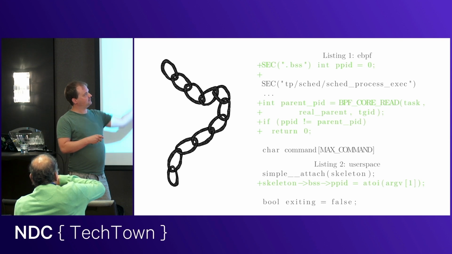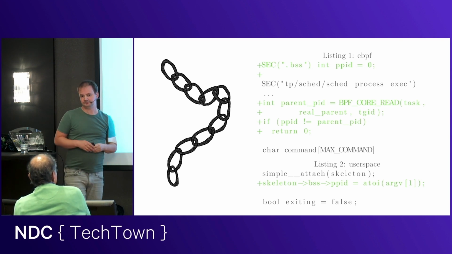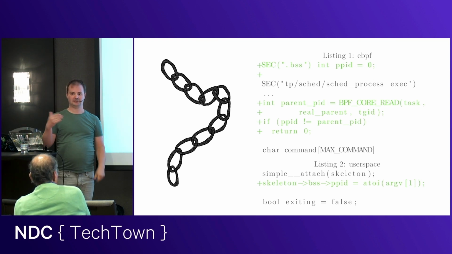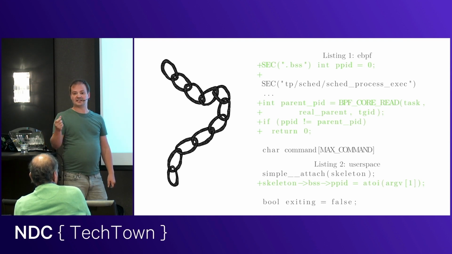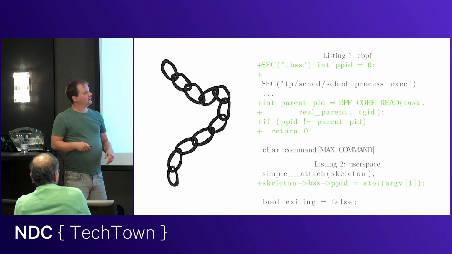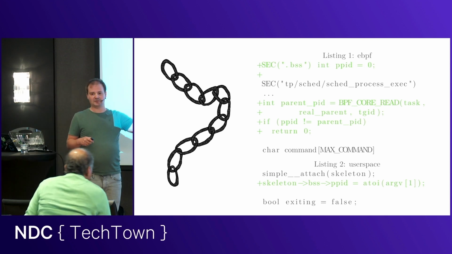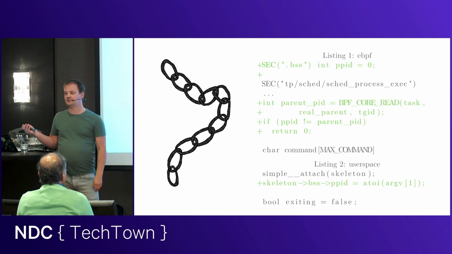So you make this int, which I call ppid, and I put it into the .bss section. Now the skeleton will create a new entry in its skeleton structure, which is the BSS entries that I can use from userspace. So what I do is I read out the real parent process ID, and I check if the parent process ID is the same as the process ID I am interested in.